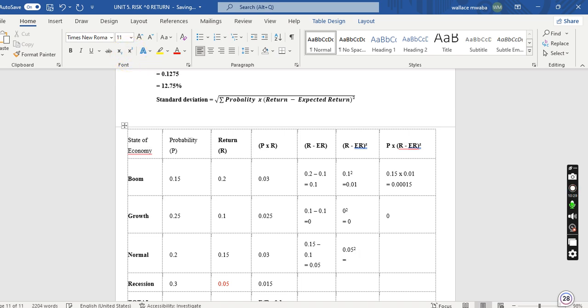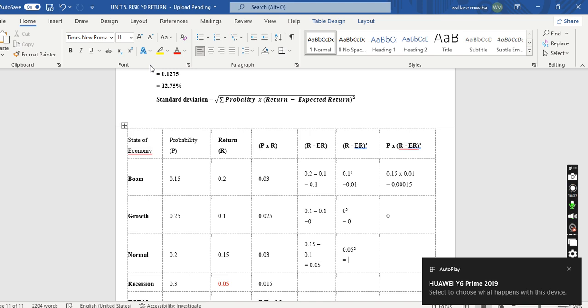Anyone with a calculator? 0.05 squared. Now let me calculate it. 0.0025.